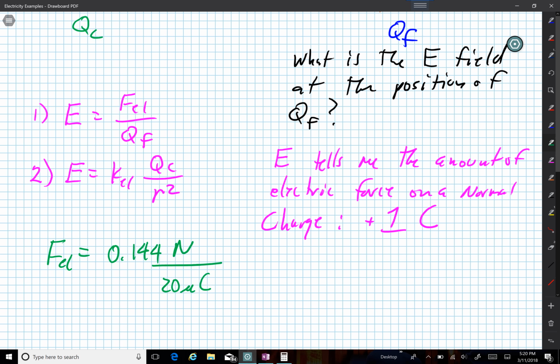But look at these units. These are not units of force. These are units of electric field. Electric field has units of newtons per coulomb.